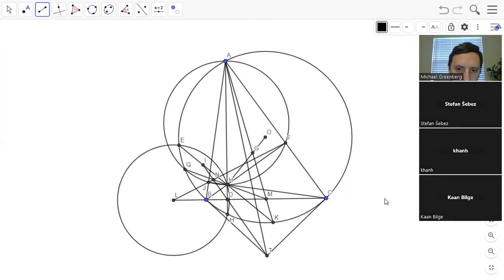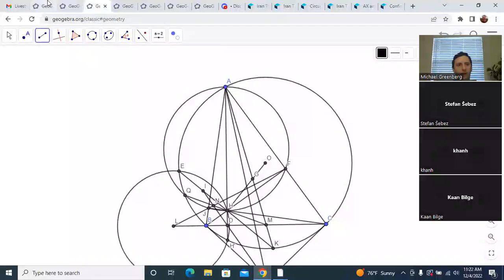Let's see. So we know IH equals IE, right? And so LI is obviously perpendicular. I don't know if that would help. But let me just go back to this for a second.